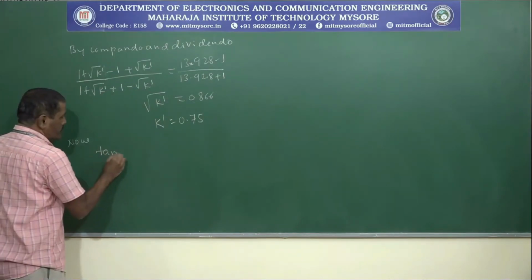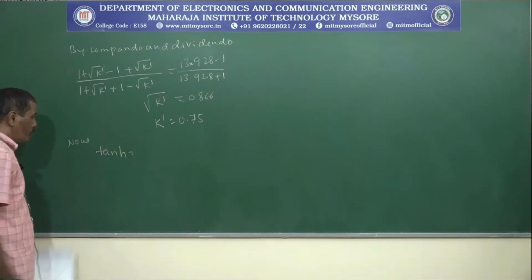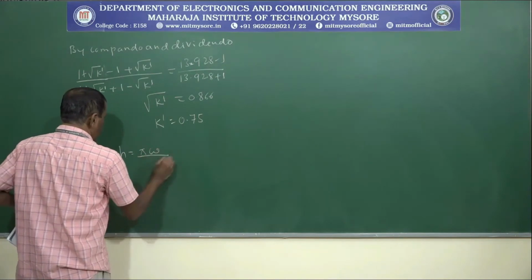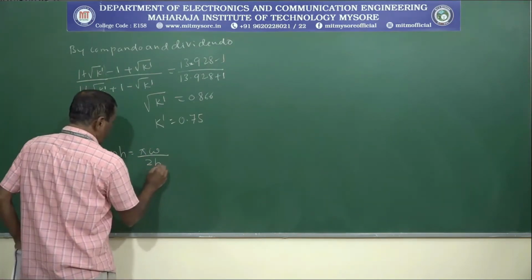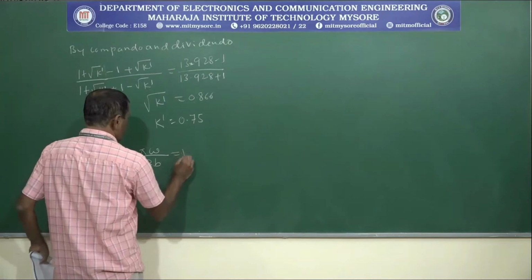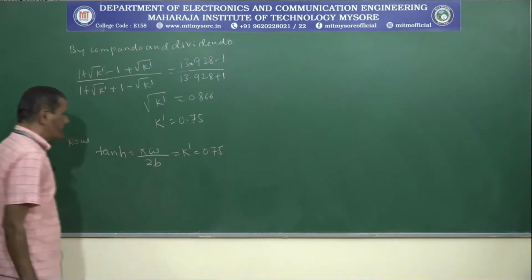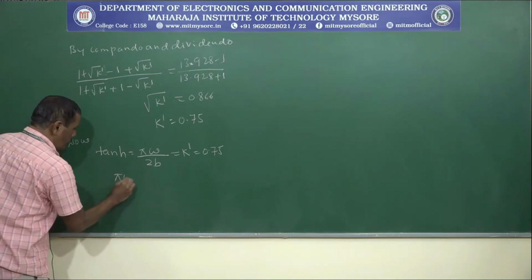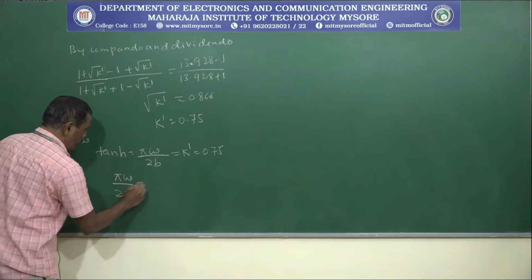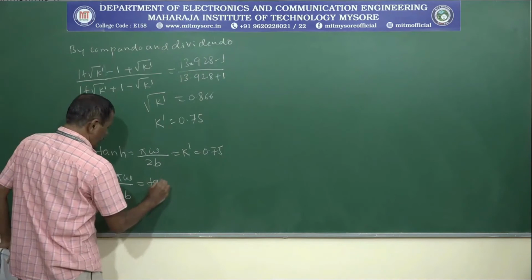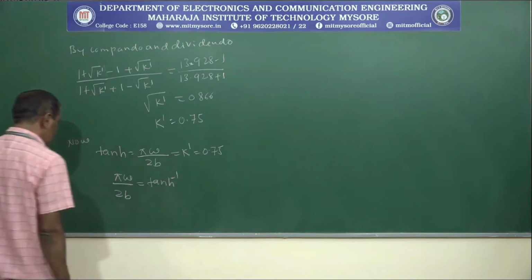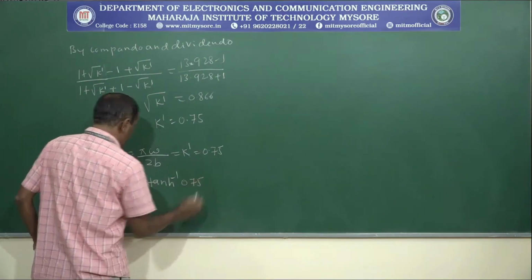Now, tan h of pi into w divided by 2b is equal to k dash, and this is equal to 0.75. Pi into w divided by 2b equal to tan h inverse of 0.75.